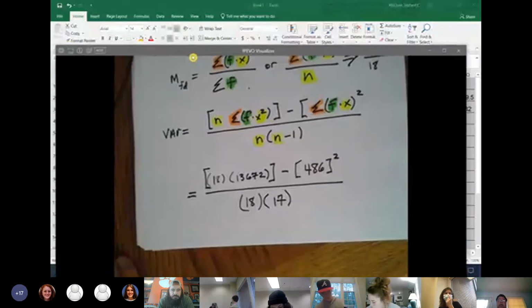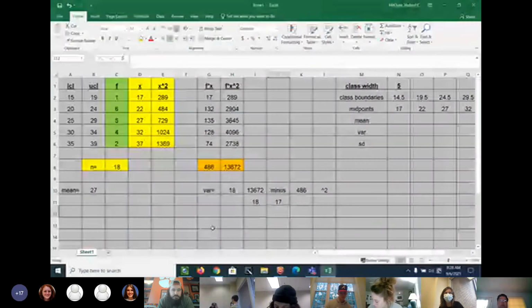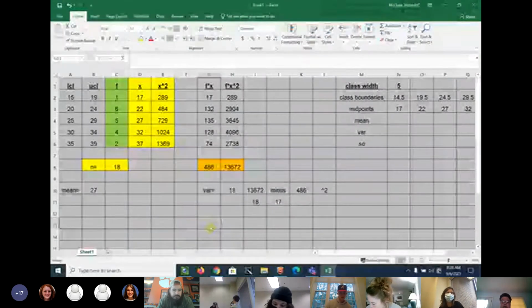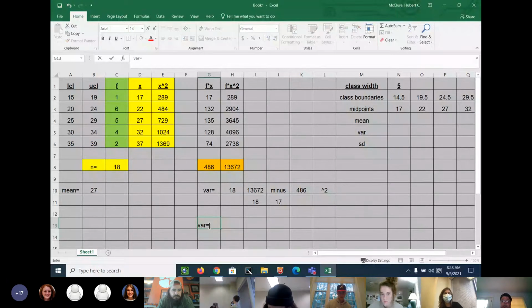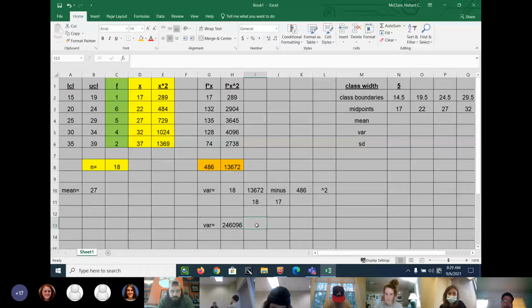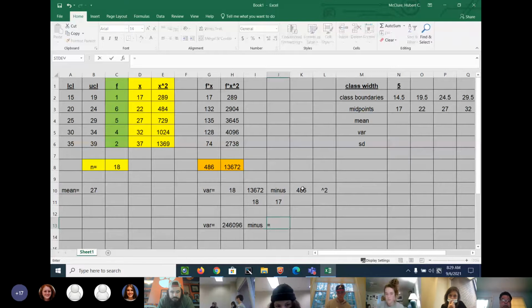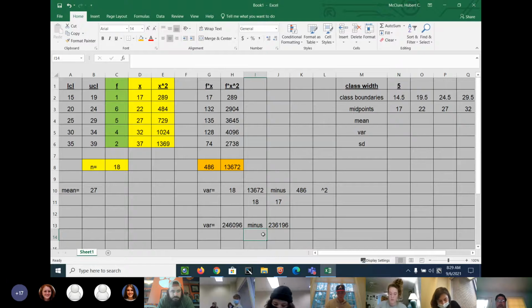And that comes out to be, variance is equal to, well, 18 times 13,672, that's going to be a big number. It's supposed to be, because you've got to have a positive after the minus, and this number should be less than 246,000. This number raised to the second power, and it is less, over 18 times 17.